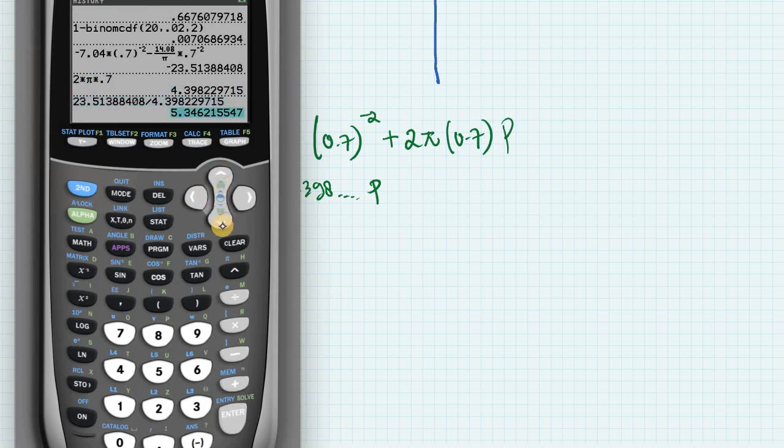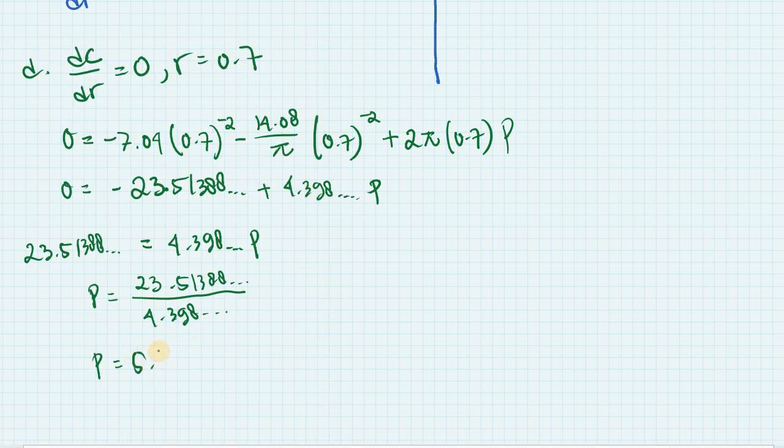We have 5.346 and so on. Now, this is the last answer. So p is approximately, there you go, you can make it 3 significant figures here, 5.35. Okay, we got p is approximately 5.35.